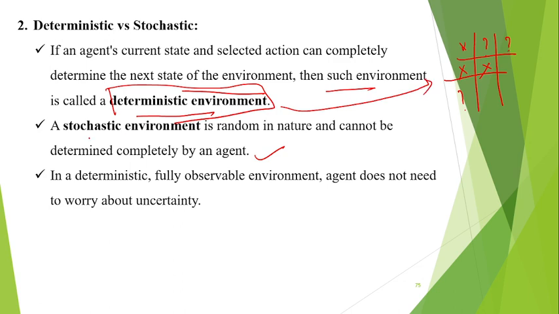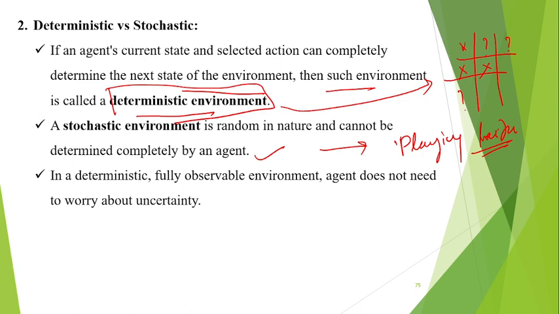A stochastic environment is a random environment, like playing Ludo. We cannot determine what my next step will be. I am just throwing a die, and I get whatever comes up.